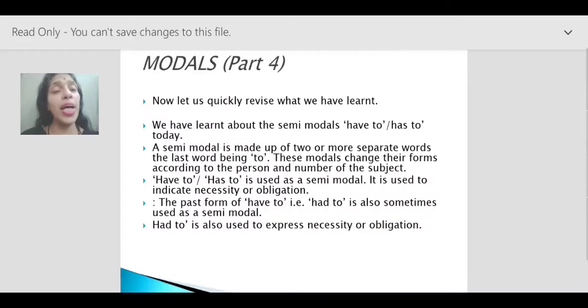Have to, has to is used as a semi-modal. It's used to indicate necessity or obligation. The past form of have to, that is had to, is also sometimes used as a semi-modal. Had to is also used to express necessity or obligation.